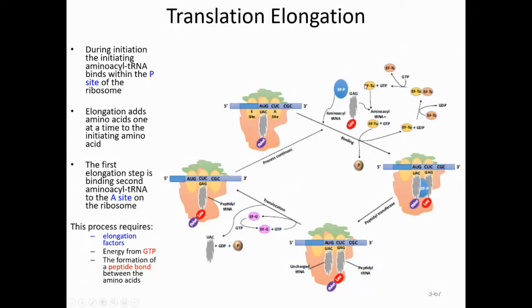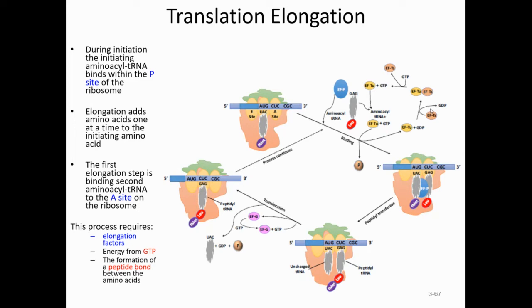EF-Tu will guide the amino acid tRNA into the A site. EF-Tu will help the amino acid tRNA bind to the A site. And GTP provides energy to dissociate the EF-Tu.